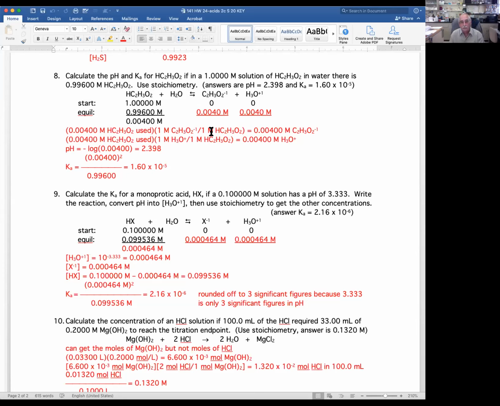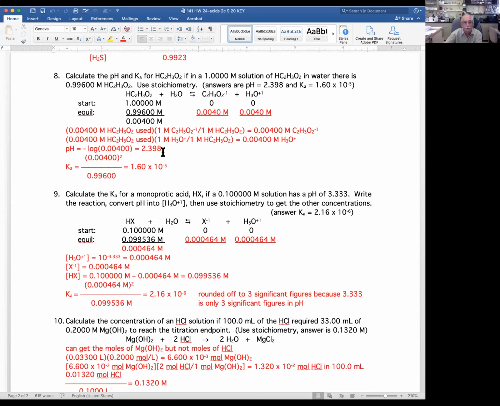So what do I need to get the pH? This is all I need to get the pH. That is the hydronium ion concentration. So the negative log of that is about 2.4. So then the Ka would be simply products over reactants at equilibrium.